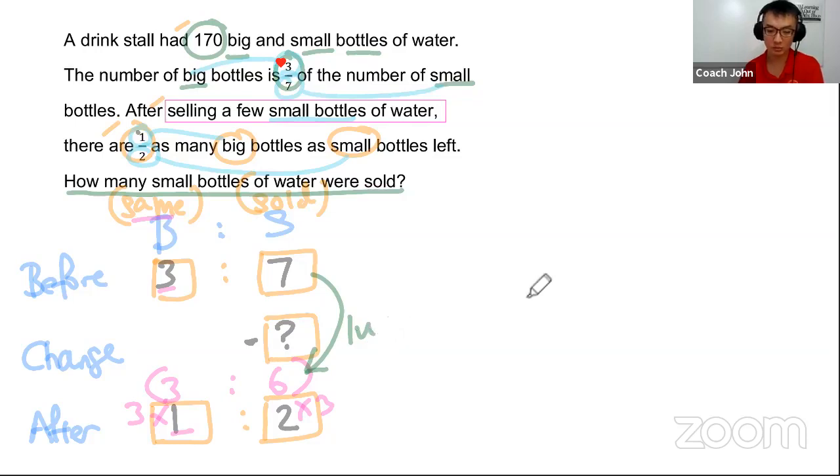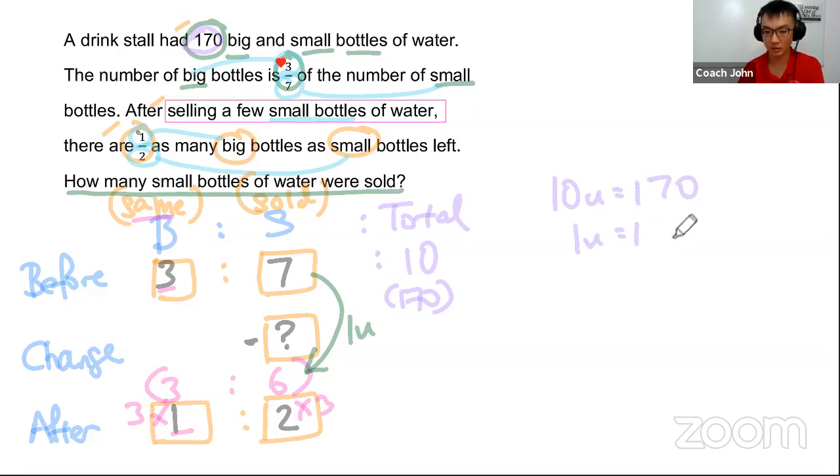Now then you'll be asking yourself, how do I move on? Remember, in math, you need a number to help you. So the number is 170. Total is 10 units, and that's 170. So 10U is 170, 1U is 17.